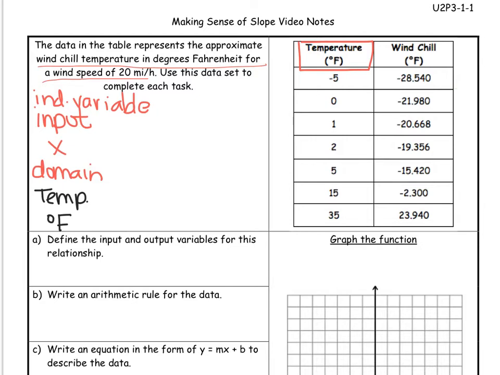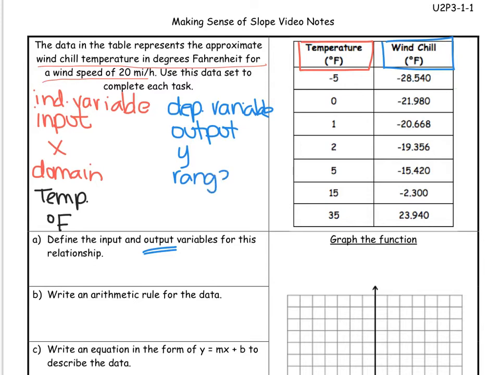So we need to do the output, which is this column right here, which remember is our dependent variable. That's our output, or our y values. We also call that our range. And what is that measuring? It's measuring the wind chill in degrees Fahrenheit.